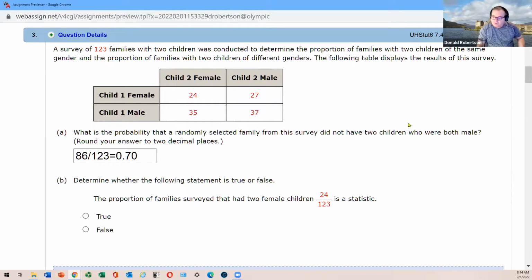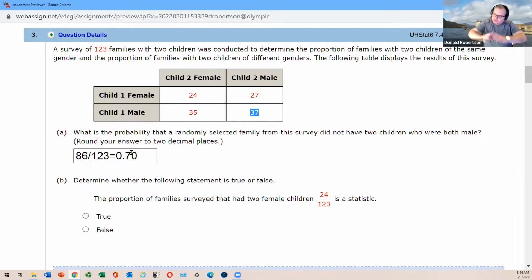There is a different way to come up with that same answer, isn't there? Couldn't I have tackled it from the problem of, okay, let's find out what that number is. Now, if I go in my calculator and I find out what 37 out of 123 is, the answer is 0.30. So couldn't I have made this one takeaway 0.3 and come up with the 0.7? I could have done the complement.